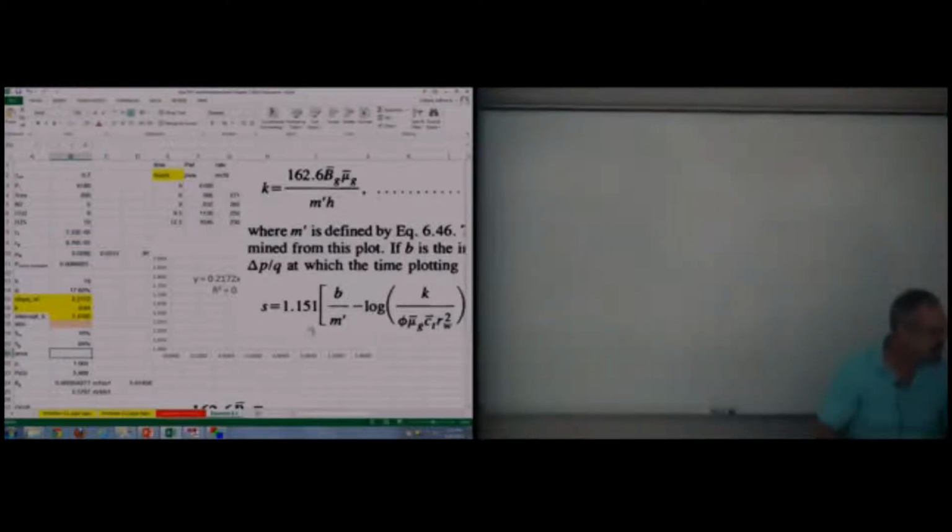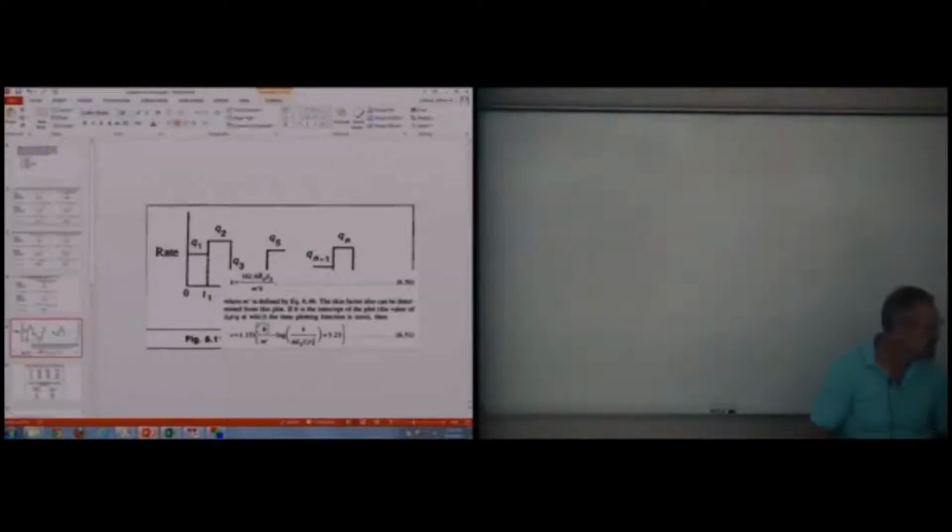Okay, I got Ct. Did I ever calculate gas viscosity? Oh, they gave it to us, right? 0.0286. And they gave us the wellbore radius. We all know what a wellbore radius is now.